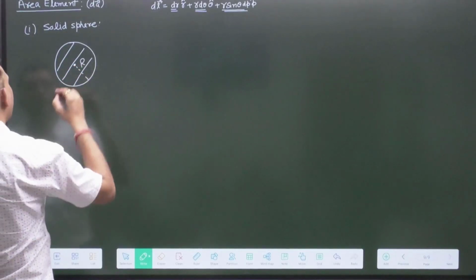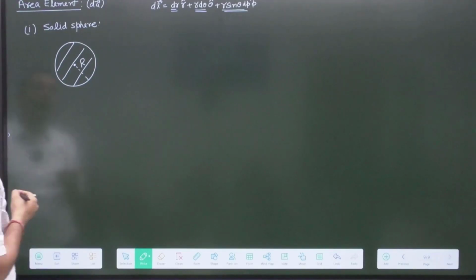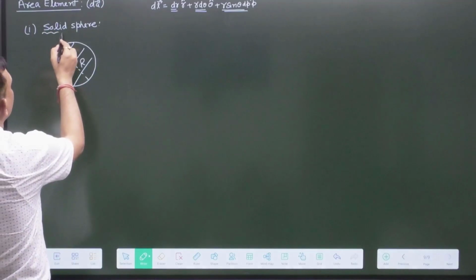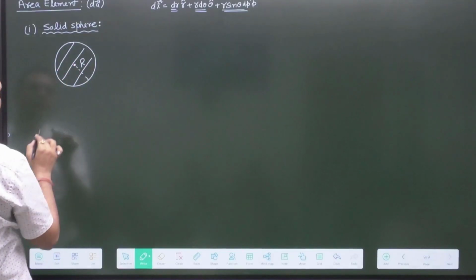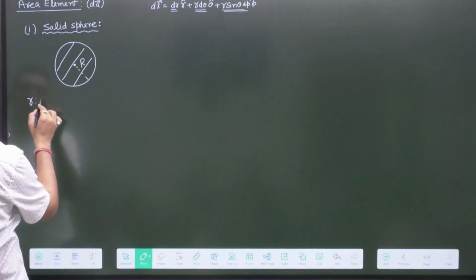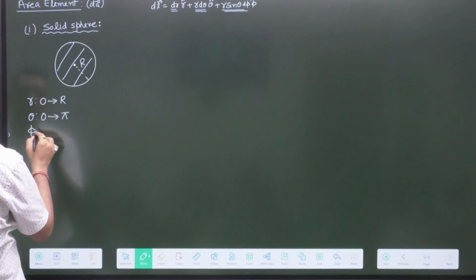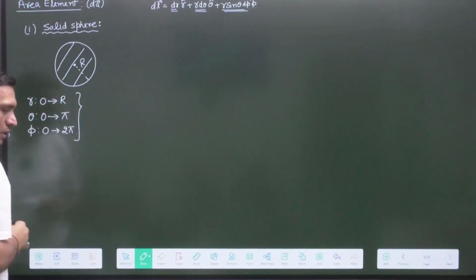It's a sphere of radius capital R. So let us first specify what r, theta, phi will be here. r varies from 0 to capital R, theta varies from 0 to pi, and phi varies from 0 to 2 pi, because it's a sphere.